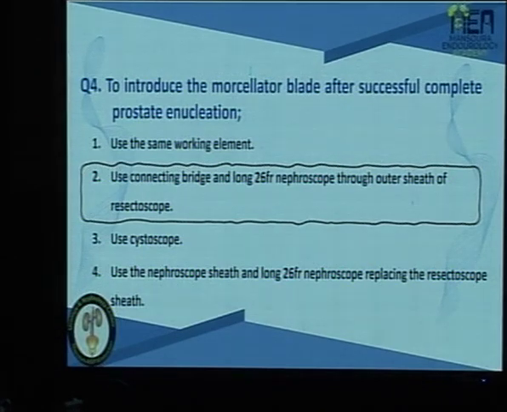So the best is to keep using the outer sheath, the 26 French continuous flow resectoscope, and to adapt the nephroscope by this connecting bridge. This is the best. But sometimes you don't have this connecting piece, so in that scenario you have to take out everything and go with the last answer, which is 4. Use the nephroscope sheath along 26 French nephroscope replacing resectoscope sheath.